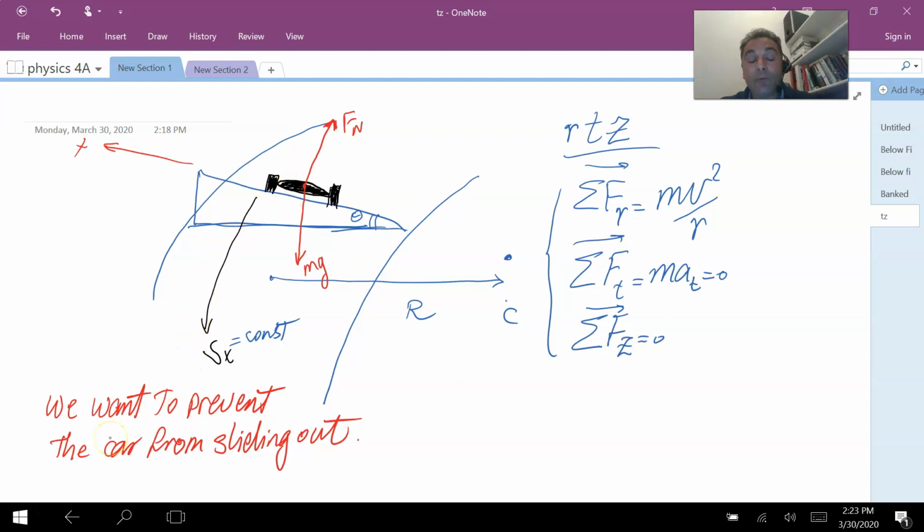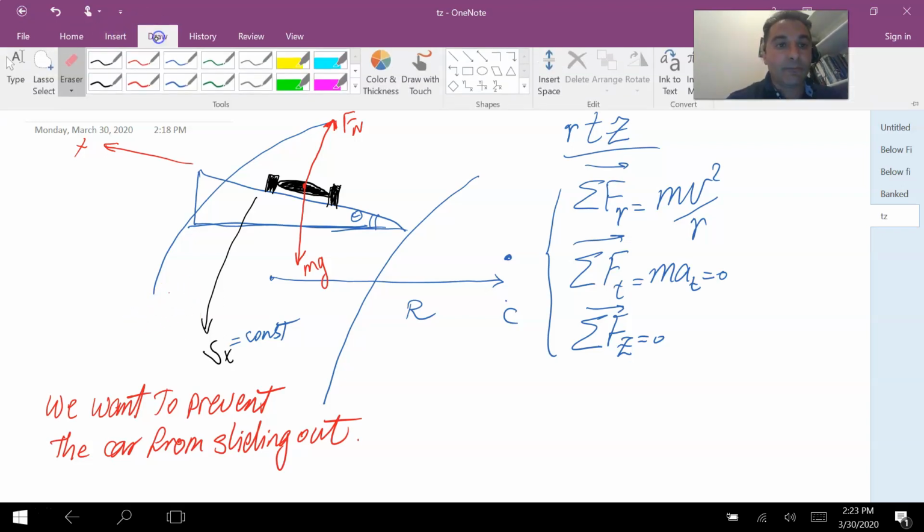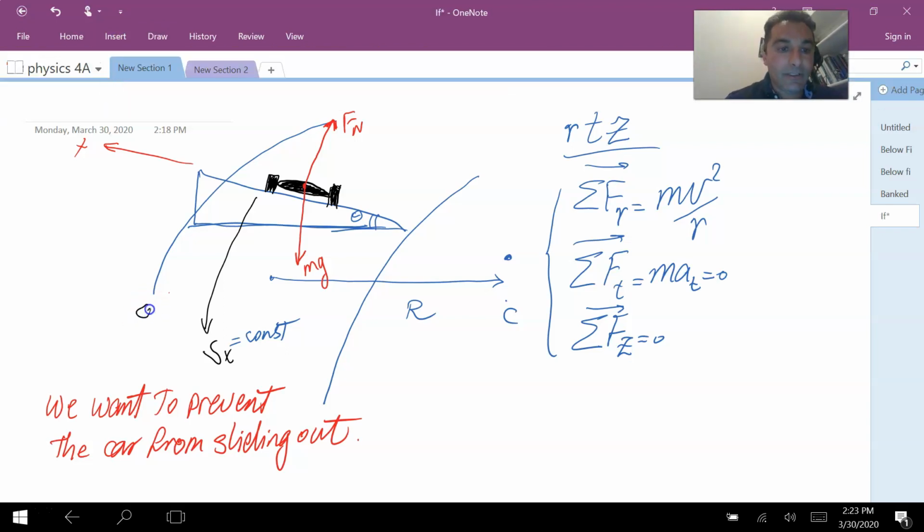When I say we want to prevent the car from sliding out, it is out of the curve. Here is the curve, correct? Sliding out, it's this direction, out of the curve.